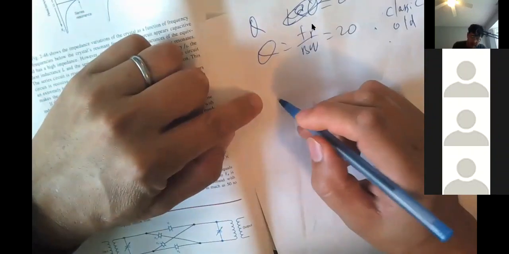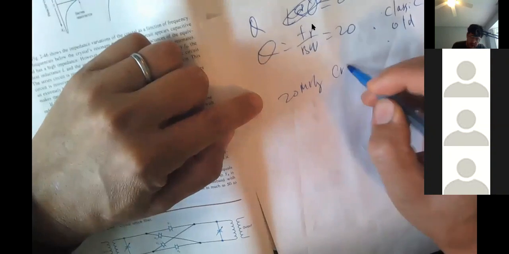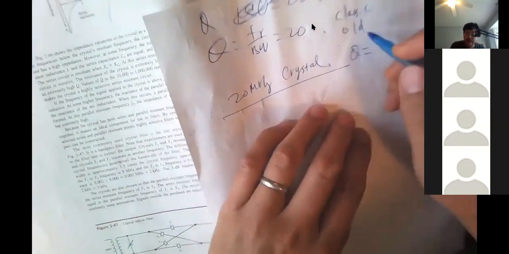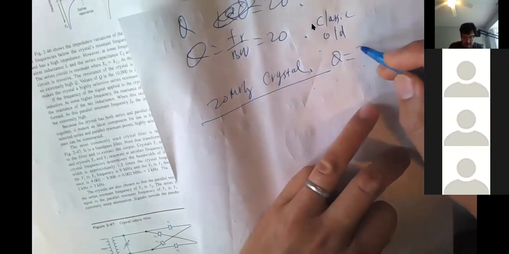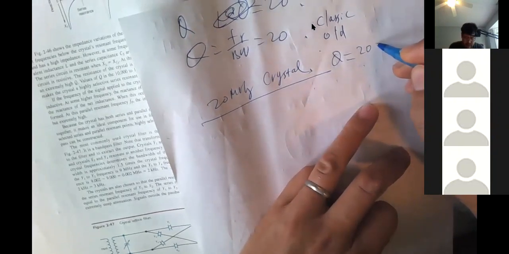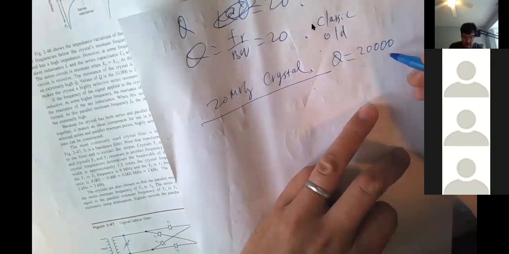How about a 20 megahertz crystal? What is the quality of a 20 megahertz crystal? Any idea? Give me a number. Bigger than 20? How many zeros? One more zero? Yes, a couple of zeros. So the quality of this filter is extremely high.